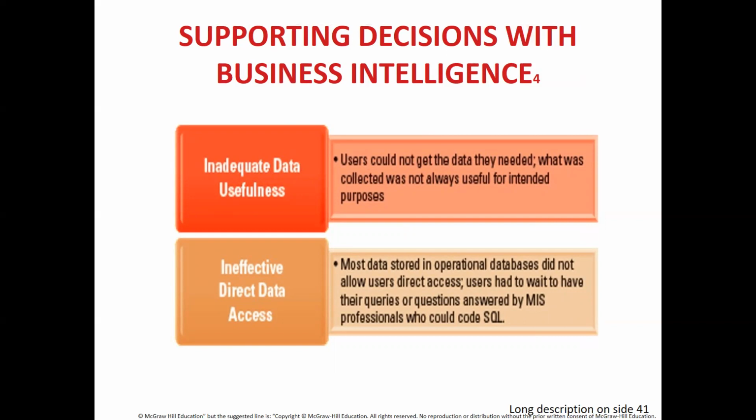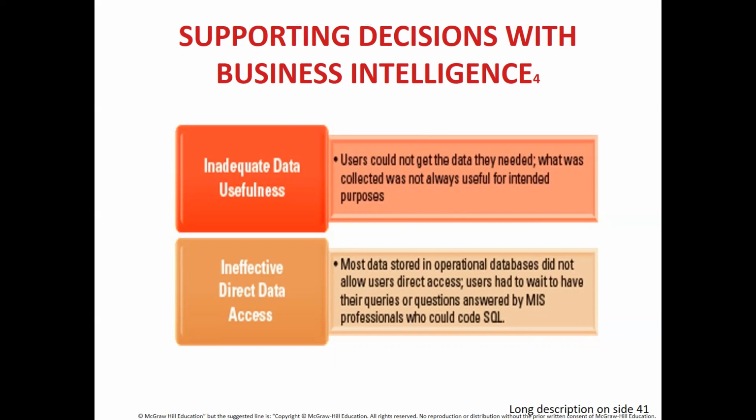Ineffective direct data access: most data stored in operations databases did not allow users direct access. Users had to wait to have their queries or questions answered by MIS professionals who could code SQL. So again, data is stored in operational databases, and it did not allow users direct access. The users who actually need the data do not have access to it.